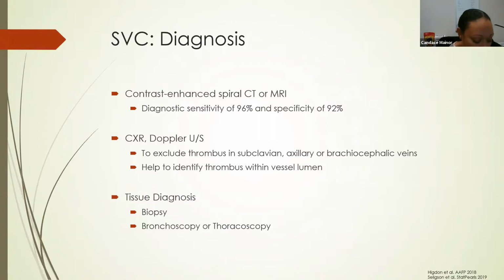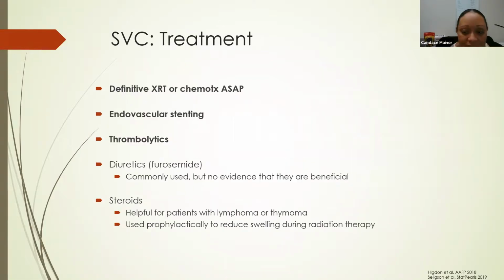This all becomes important because the treatment of SVC syndrome largely depends on how severe the patient's symptoms are and what the cause of the SVC syndrome is.